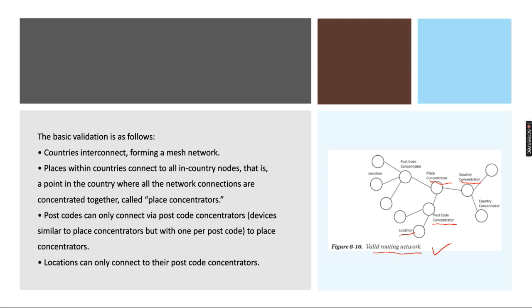Locations can only connect to their postcode concentrator. Postcode can only connect to the place concentrators, and place can only connect to the country. So the data can move upward only in one direction. The direction is specified and there are no cycles.